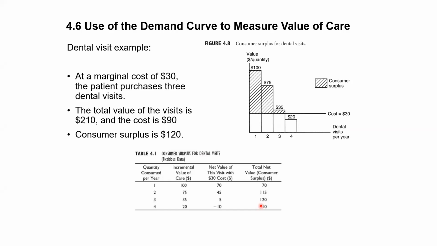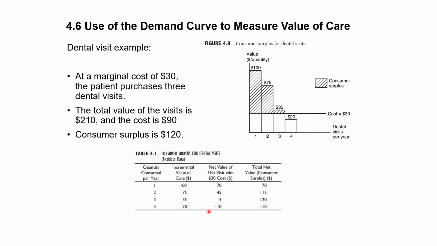Now, according to economics, we decide on our consumption behavior based on the fact that as long as the surplus value is greater than the cost, then we'll continue consuming. However, the fourth visit would just give you a value of 20, which is actually less than the total cost during that visit, which is 30.